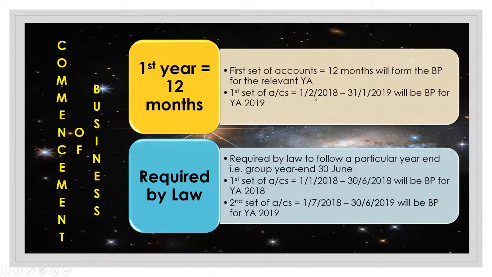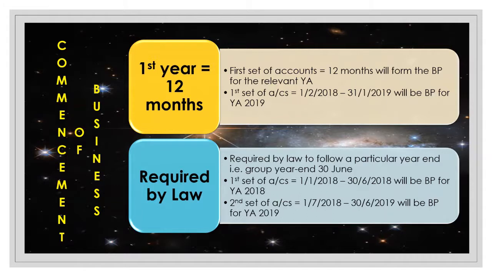So from 1st February 2018 up until 31st January 2019, you would have 12 months. In that case, your first year of assessment will be YA 2019. Why? Because you close your first account in 2019, so your first YA will be 2019.